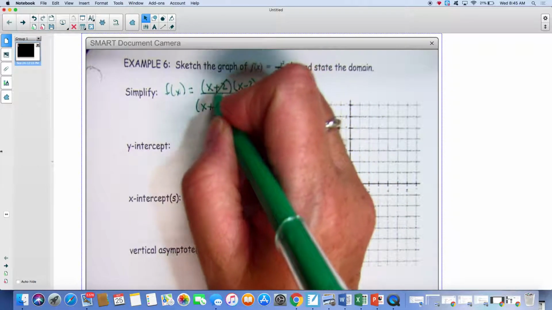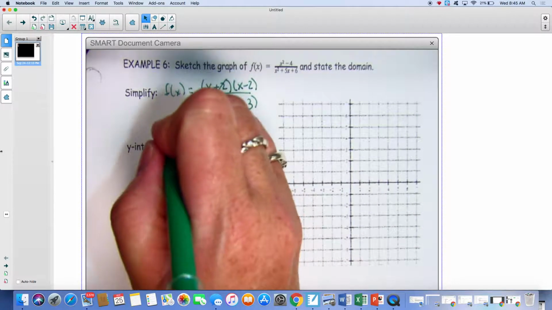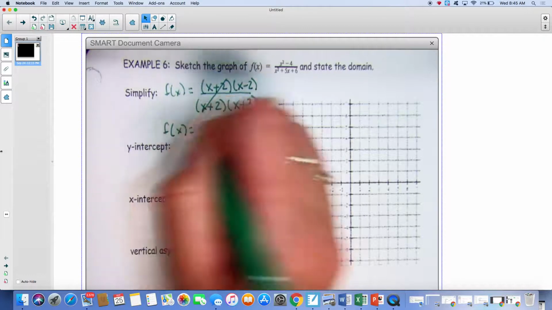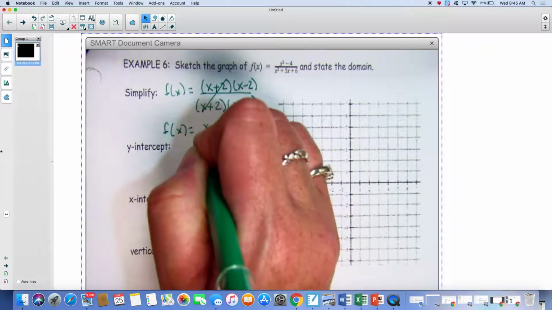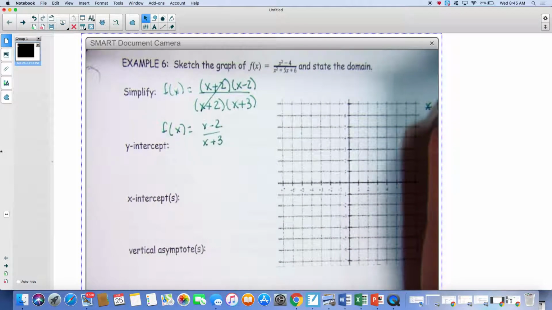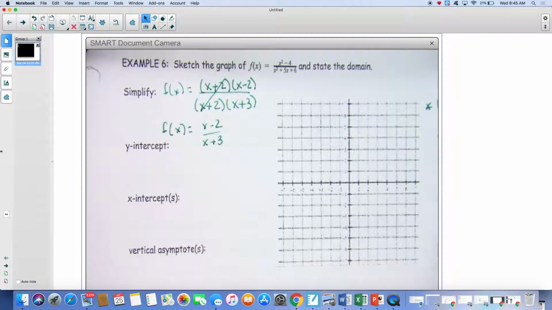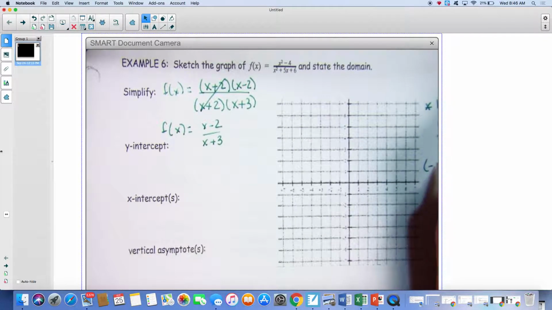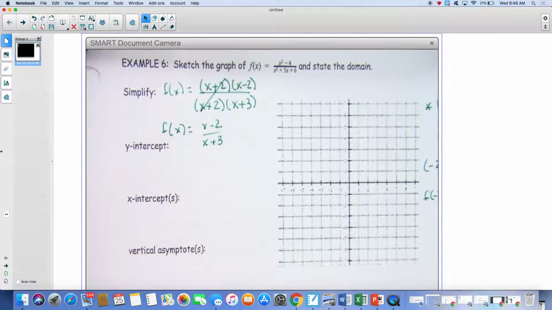So this cancels out, and it simplifies to x minus 2 over x plus 3. And we have a hole at x equals what? How do I find that point? Find f of negative 2 of the simplified function. Plug in negative 2 to that simplified function.